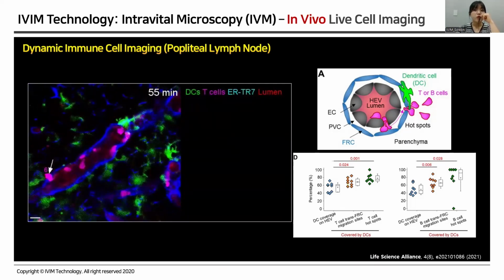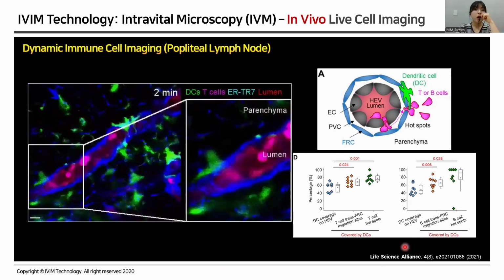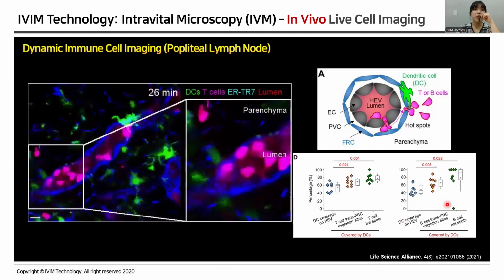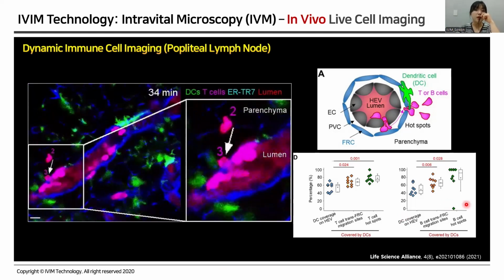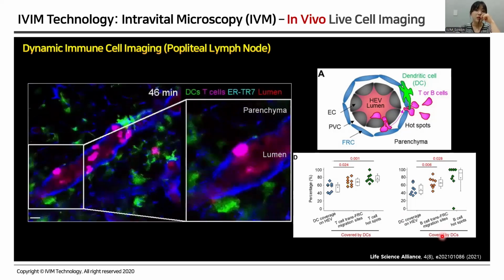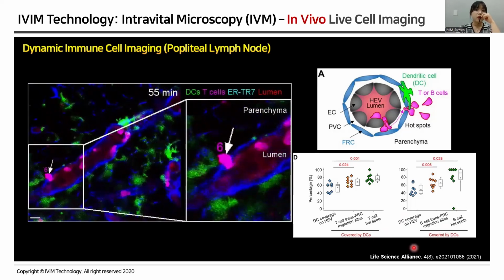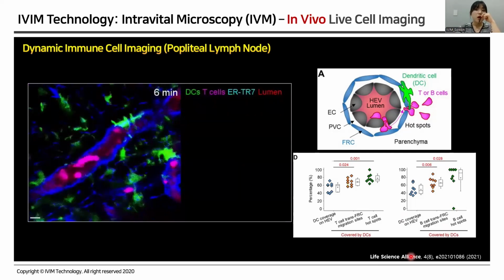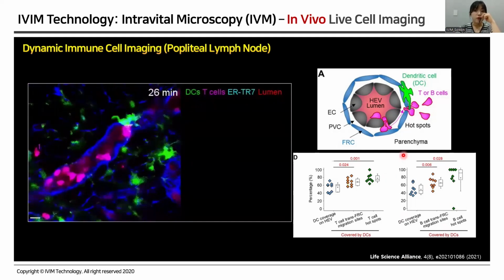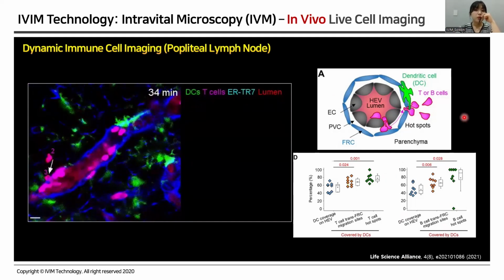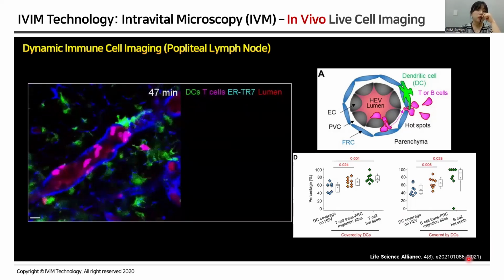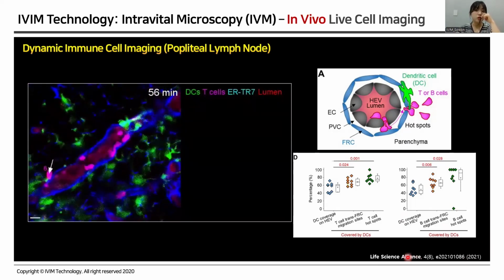Our analysis revealed that the proportion of hotspots overlapped with DC coverage was significantly higher than would be expected based on general coverage of HEVs by DCs. This finding clearly demonstrates that perivascular DCs around the LN HEVs are not just passively present, but are actively linked to regulating lymphocyte extravasation.